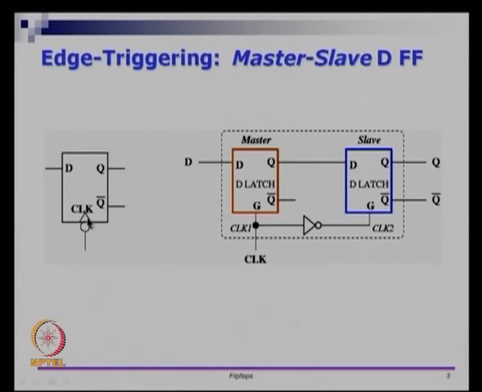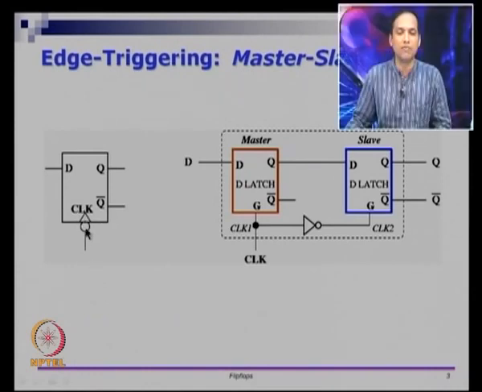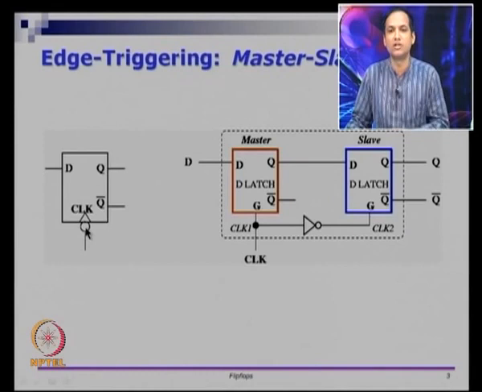We also have a small triangle here that indicates that it is a flip flop. So, forget the bubble for a while. If you look at a rectangle with an input here, two outputs named Q and Q bar, and a triangle like this, that is a flip flop. If it does not have a triangle, it is usually a latch, and this bubble is something extra. This bubble is equivalent to inversion. We will come to that in a little while.